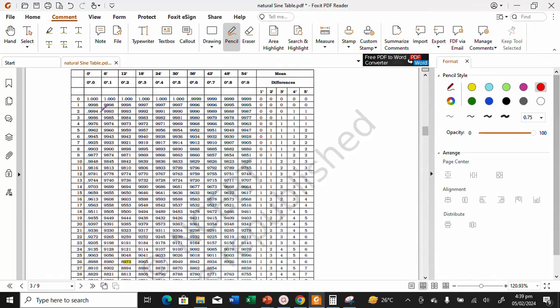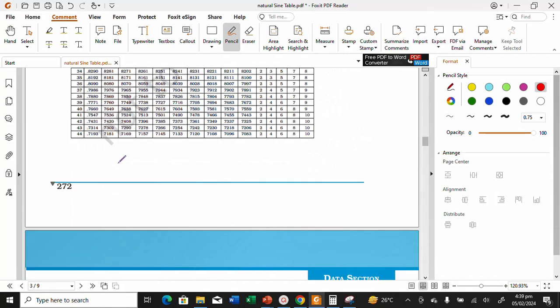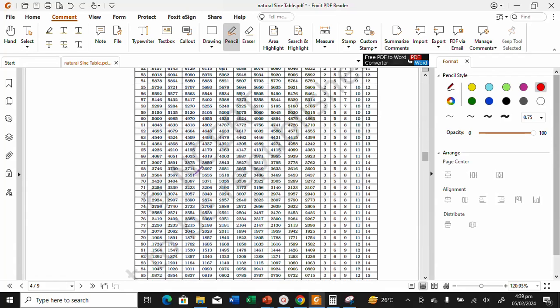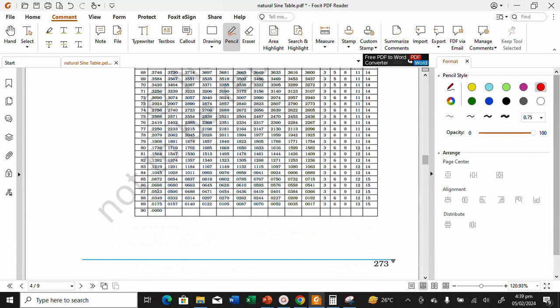Now here you have 1 begins to decrease, so that means it will be on the next page. Now here you have 0.1, this is 173, okay, so it should be here. This is 0.1754, so this is it.